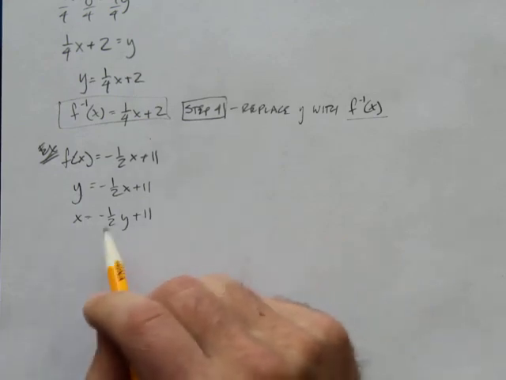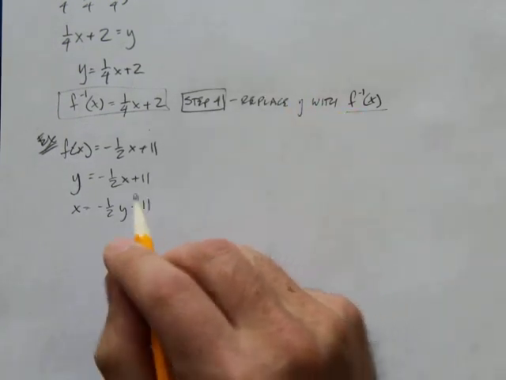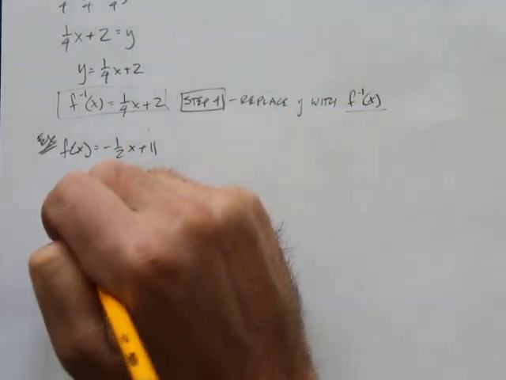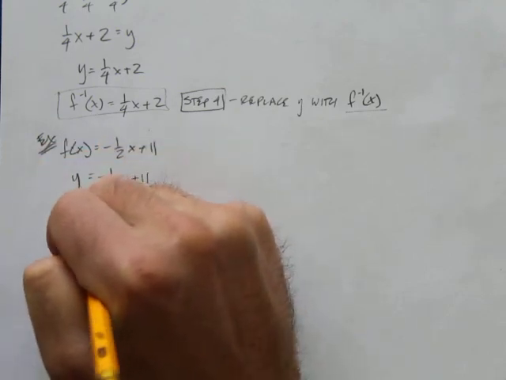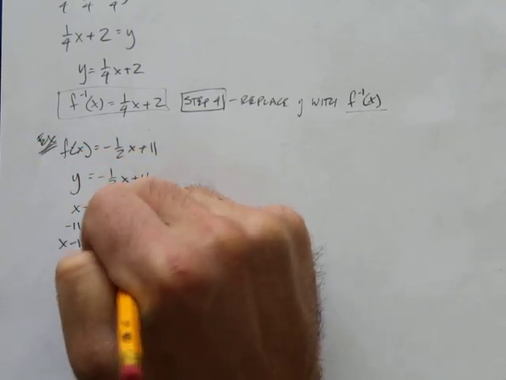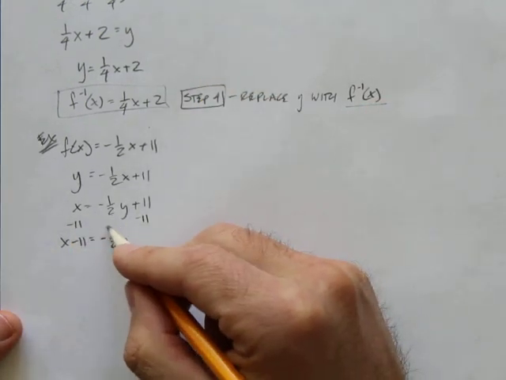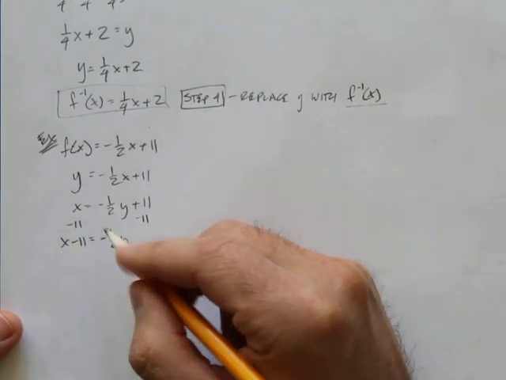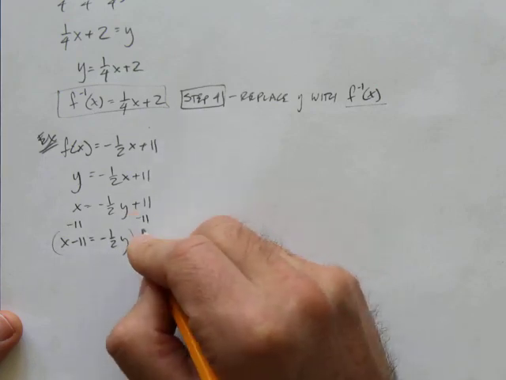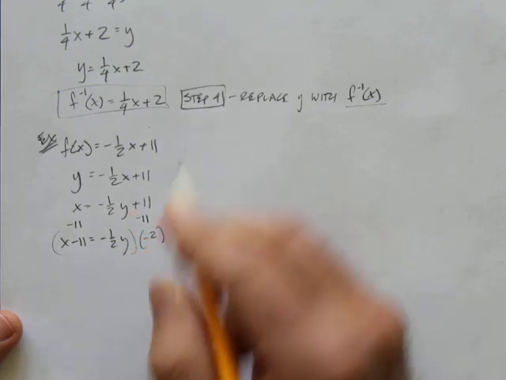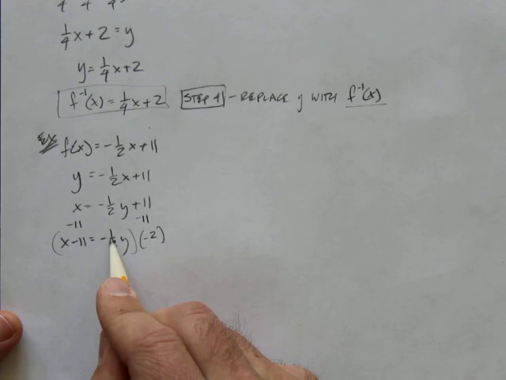Now step 3, I'm going to solve for y. So I'm going to subtract 11 from each side. I get x minus 11 equals -1/2 y. I'm going to multiply everything by whatever makes this +1. So everything needs to be multiplied by -2, because -2 times -1/2 is going to give me +1.